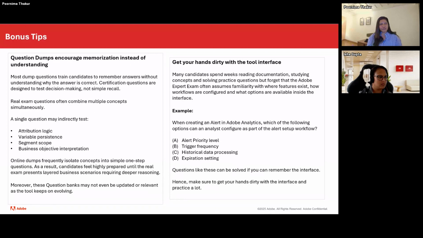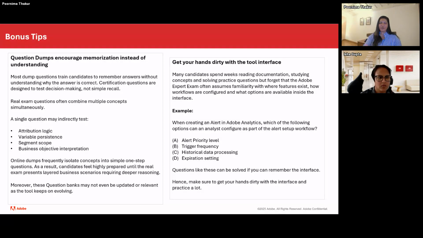If you just follow the resources I've given you, the four important resources, literally there's nothing in the question dumps that go around in the market that can give you any extra information. Also, personally, when I was taking my certification exam for the first time in 2018 or 19, I also referred to one of the question dumps, which is why I know some of the solutions are plain wrong, and they don't even explain it.